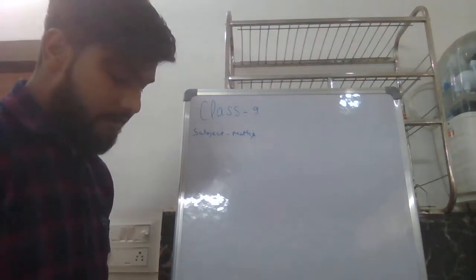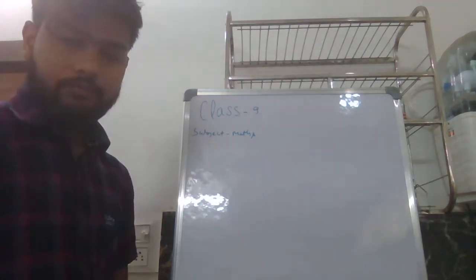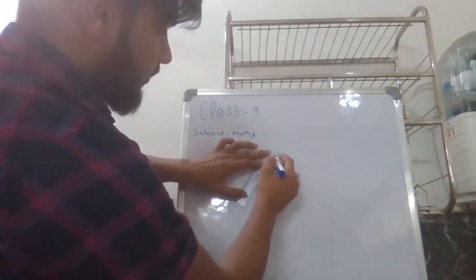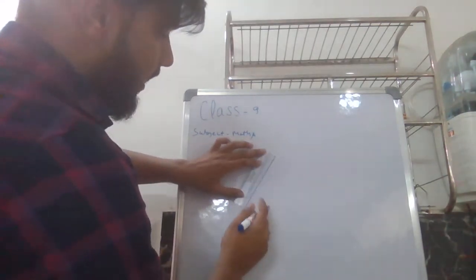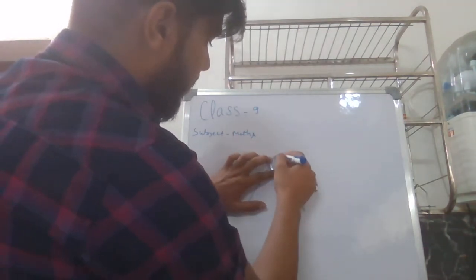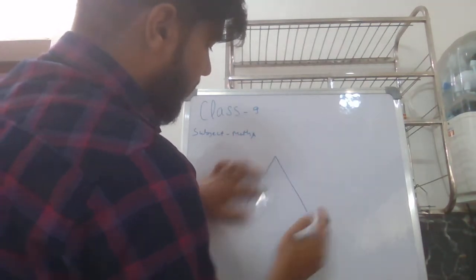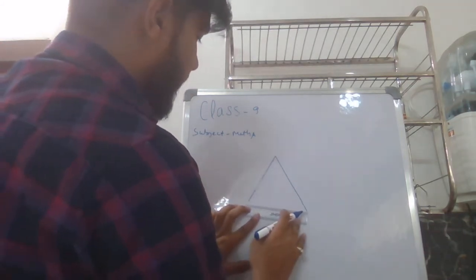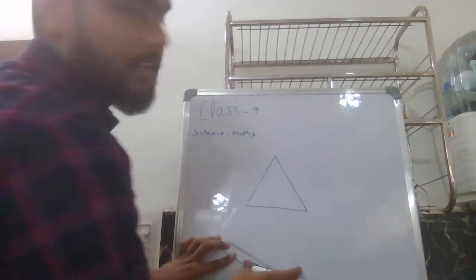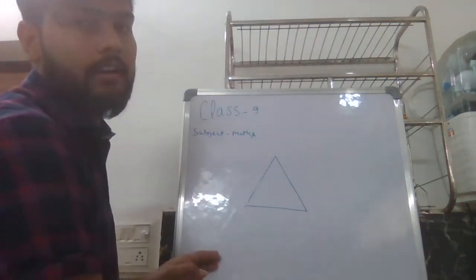First we will draw a triangle using the scale and marker. Like here. Yes, I have drawn a triangle.